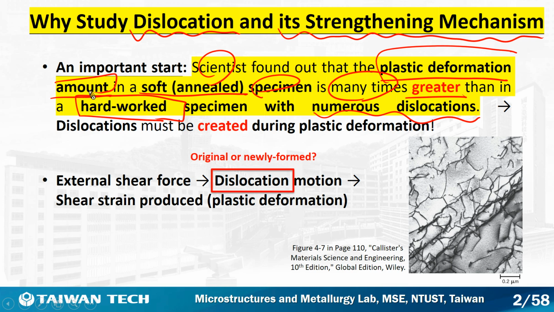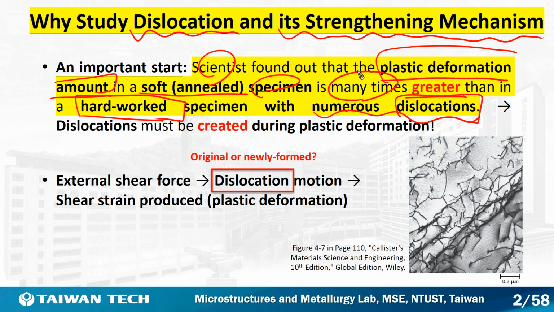So the elongation or ductility of soft specimen is many times greater than that in hard worked specimens. And this is related to the dislocation density. Okay, so we know that dislocation can affect the material's property, especially for the mechanical properties.